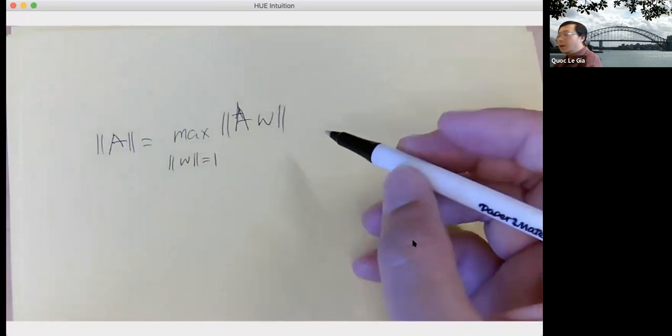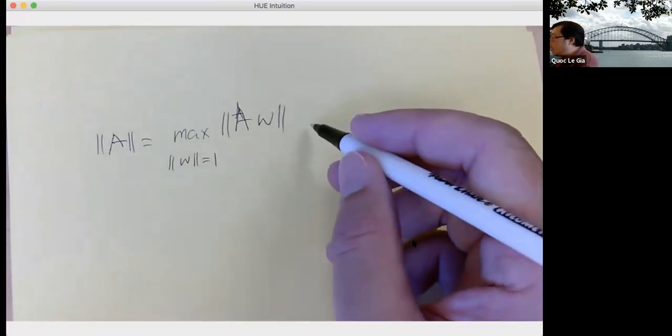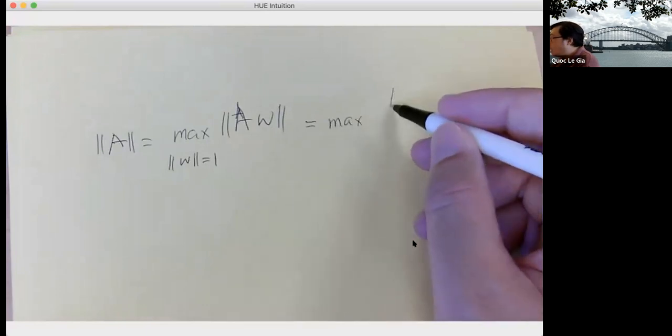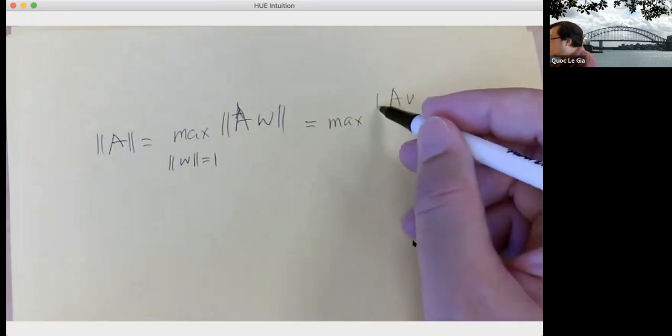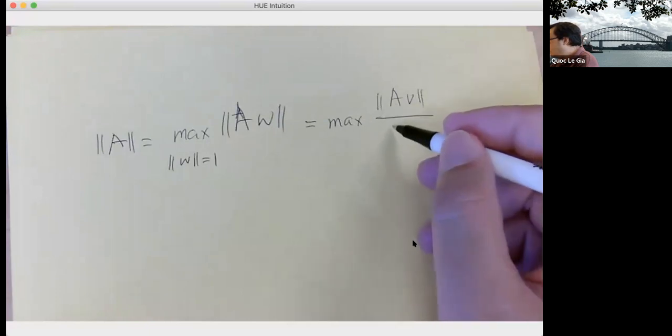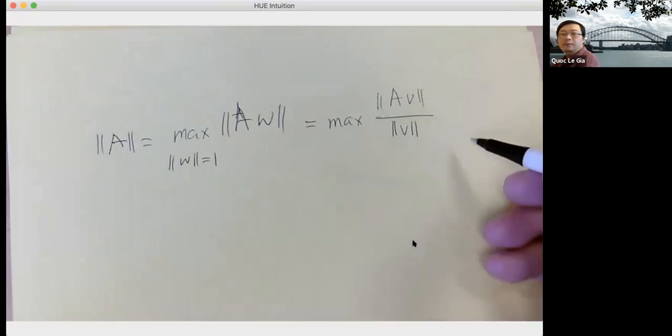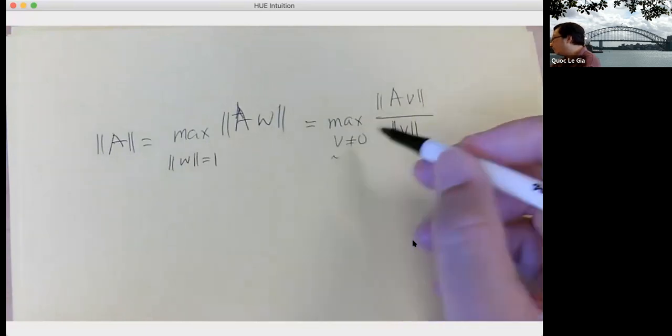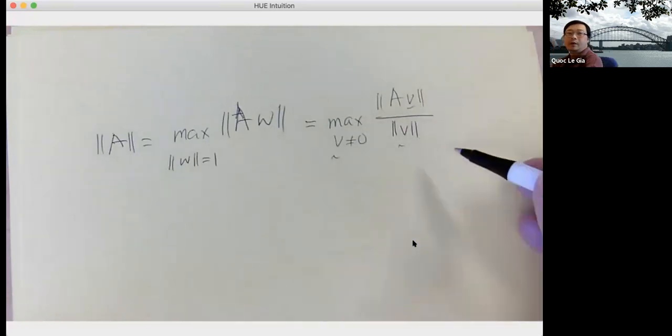And my claim is this is the same as the max of the norm of AV over the norm of V, where V is not equal to 0. So V is a vector.